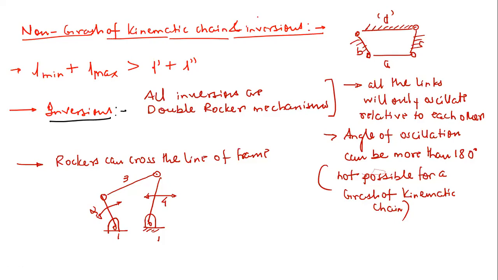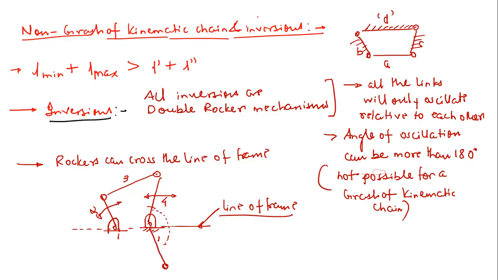So what do we mean by the rockers can cross the line of frame? That means these rockers, if the angle of oscillation is greater than 180 degrees, so basically this is your line of frame. Line of frame means the line of the fixed link, nothing else, right? So now these rockers can cross this line of frame and acquire a new position somewhere here.